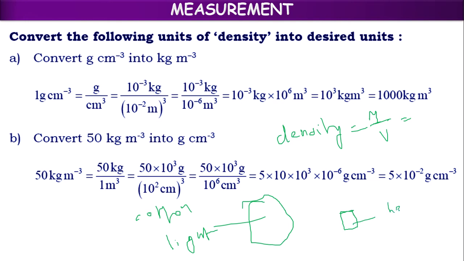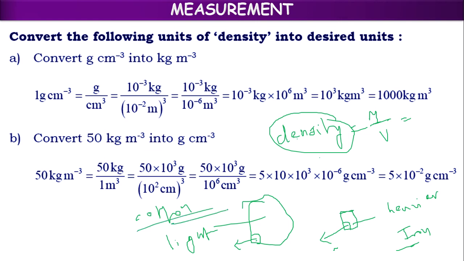Iron will be heavier. Why? Because of this property called density. Cotton in unit volume, in small amount of volume, will have less mass, but iron in same unit volume will have more mass. So density of iron is heavier than density of cotton.